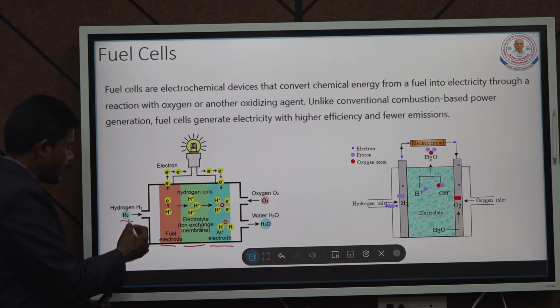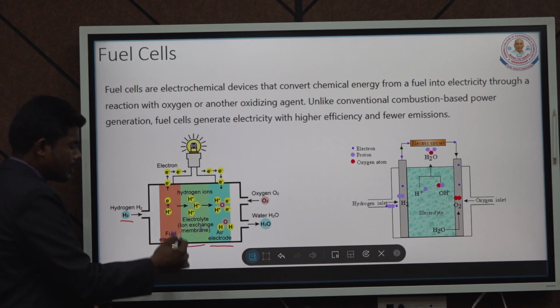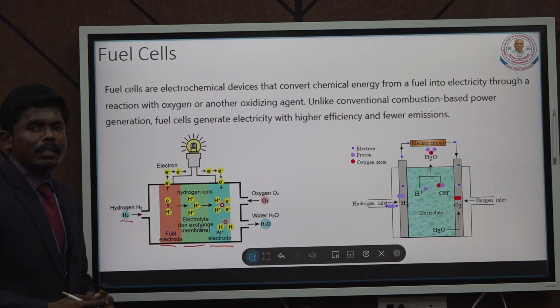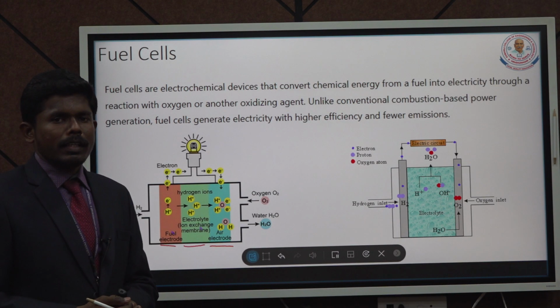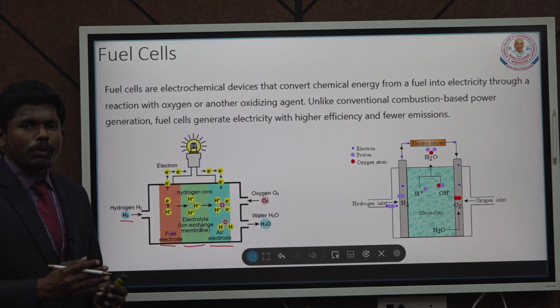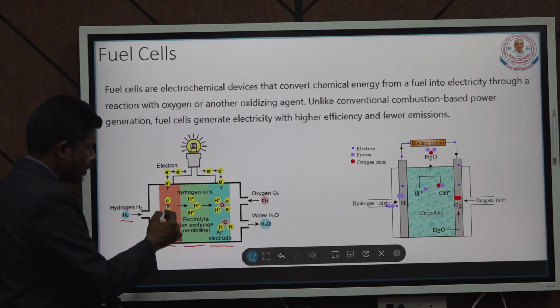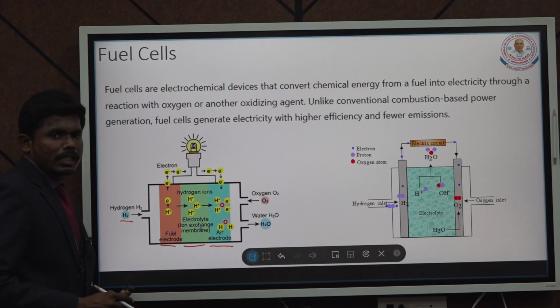When the hydrogen gets into the anode, the anode and the ion exchange membrane make the separation of protons along with the electrons. That means it can split the hydrogen into protons and electrons. The protons have the ability to get into the ion exchange membrane.